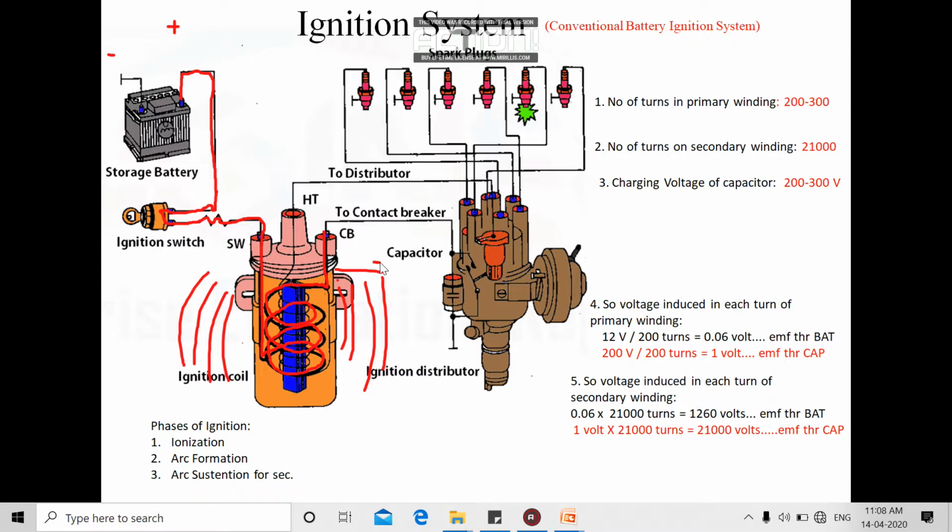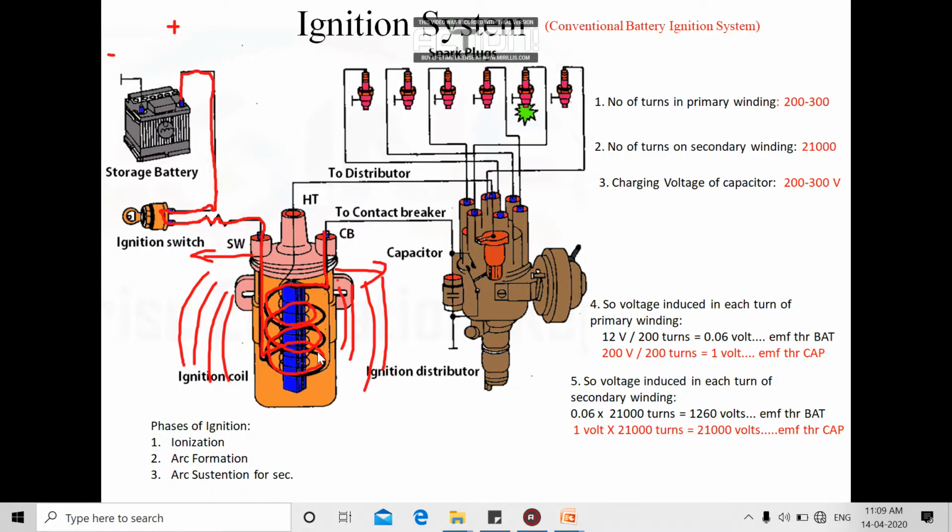Both directions here, and whenever this magnetic field starts rising, it cuts the secondary winding wire. And whenever a magnetic field cuts a conductor, current starts to flow through that conductor.